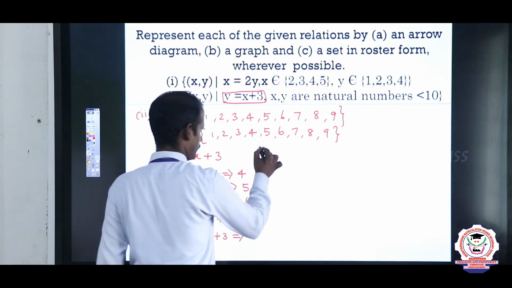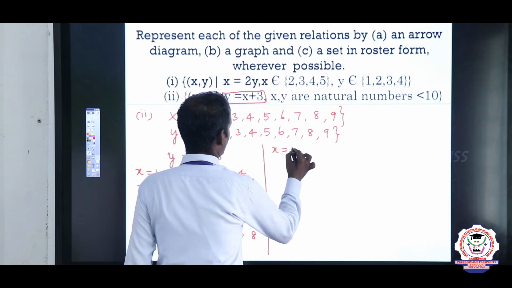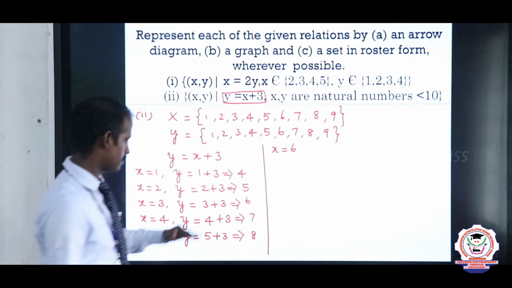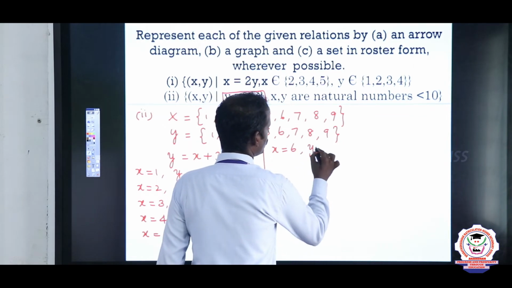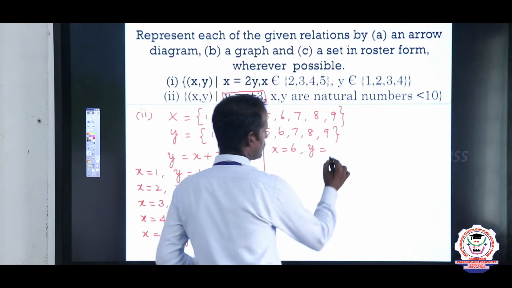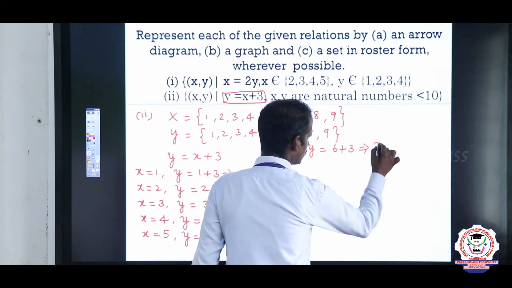Next, the x value is 6. So with x value 6, y is 6 plus 3, which implies 9.